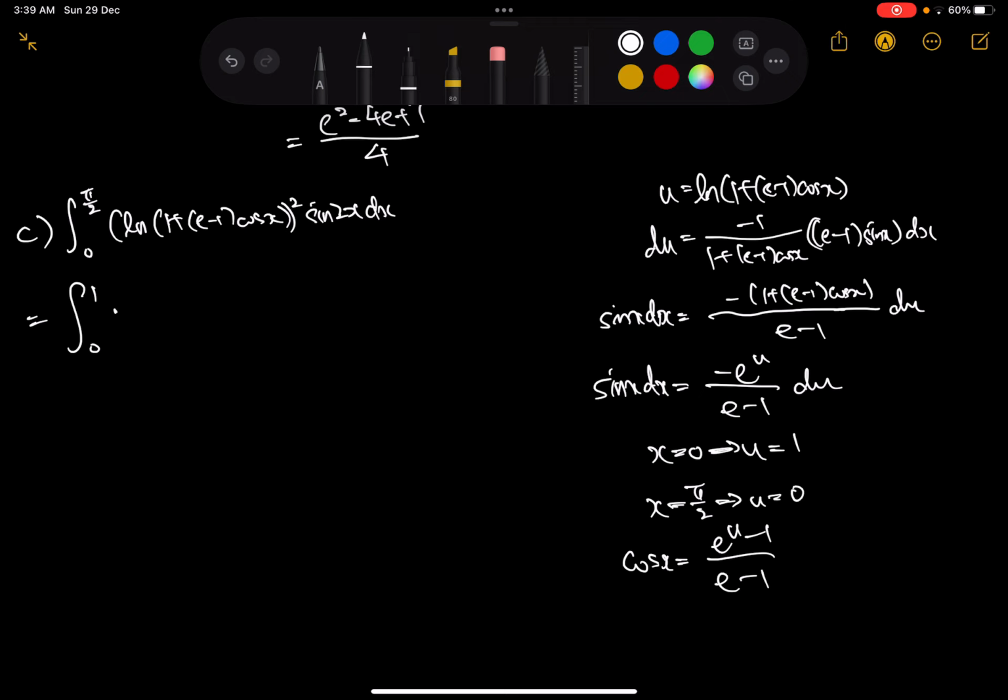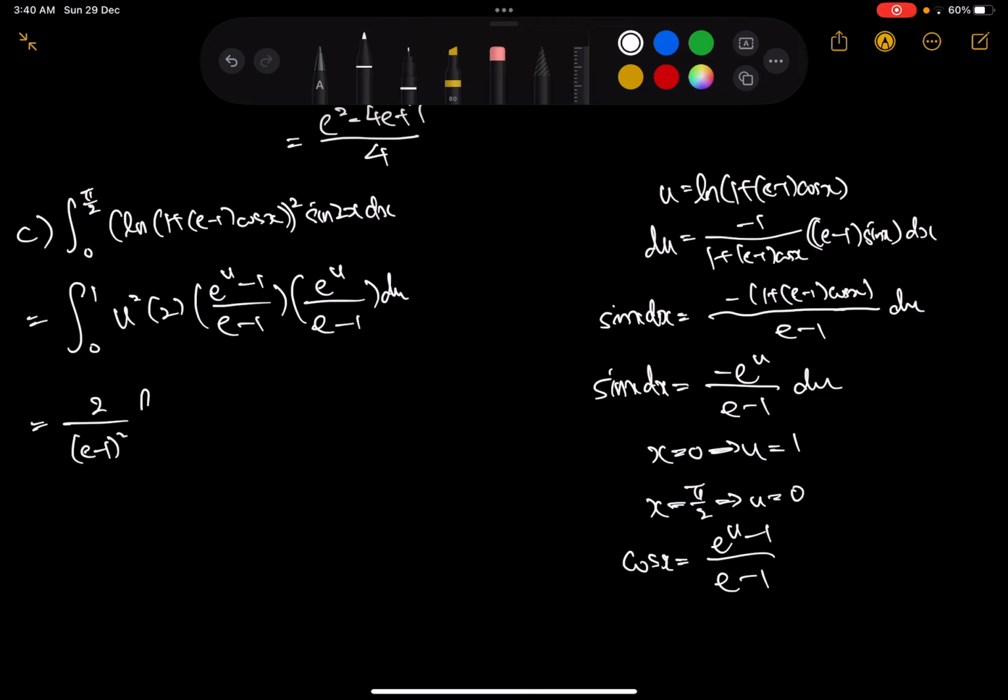So from 0 to 1 we have u squared, we have a 2, cos x is e to the u minus 1 over e minus 1, and then sine x dx is this thing, but then we flipped this part, so we have e to the power of u over e minus 1 du. So we have 2 times 2 over (e minus 1) squared, from 0 to 1, u squared times (u squared e^(2u) minus e^u) du.